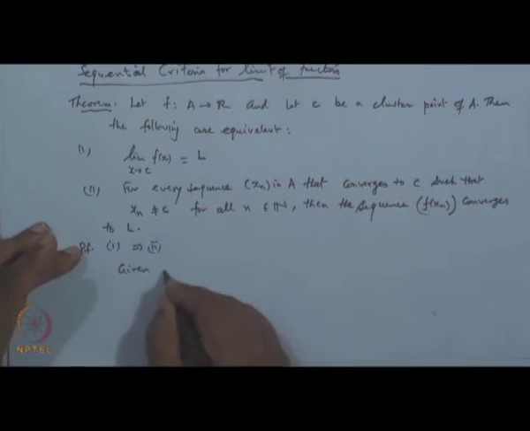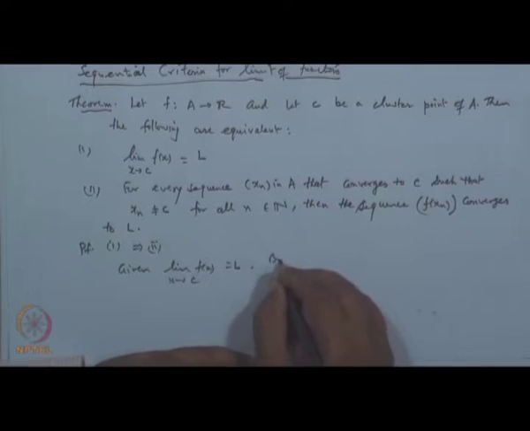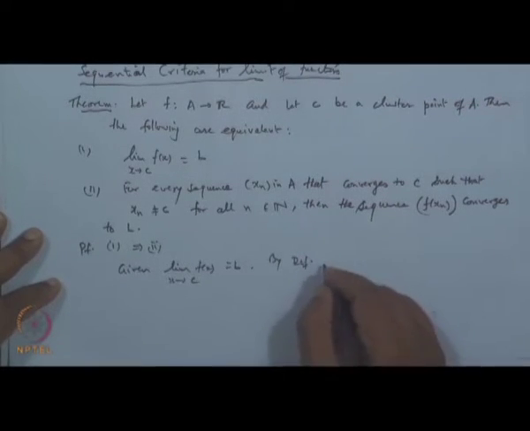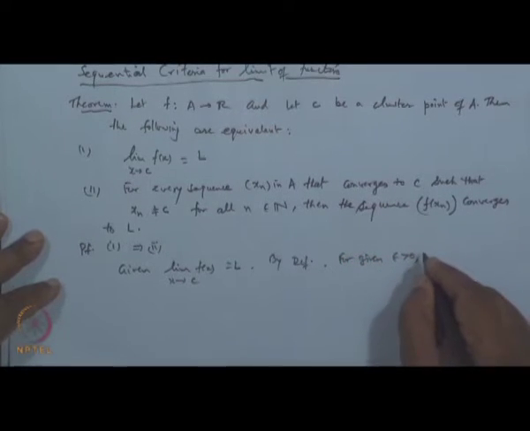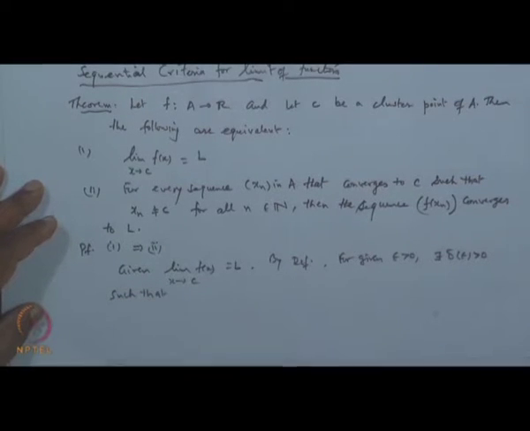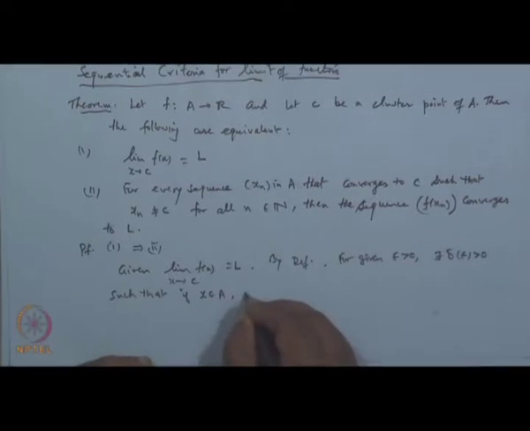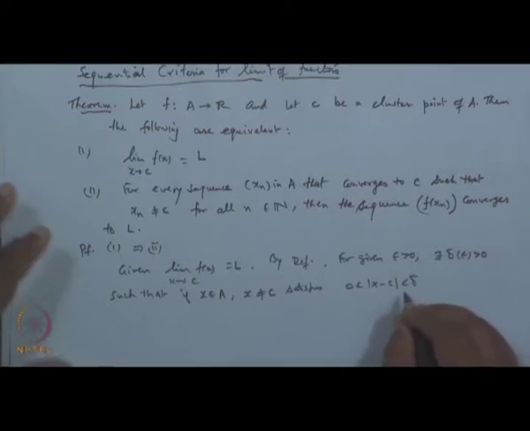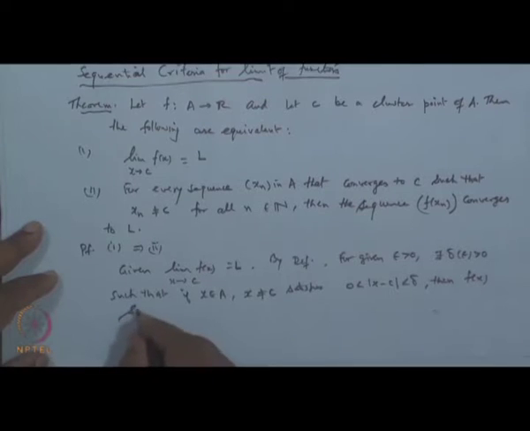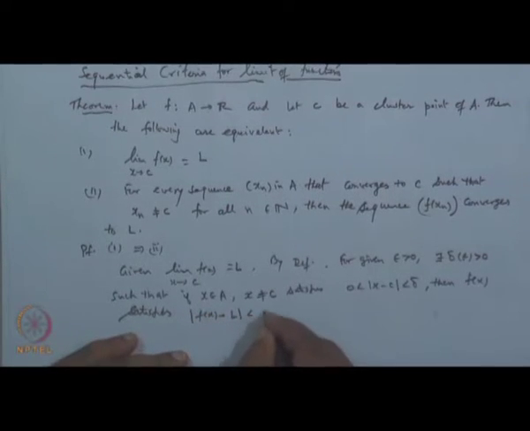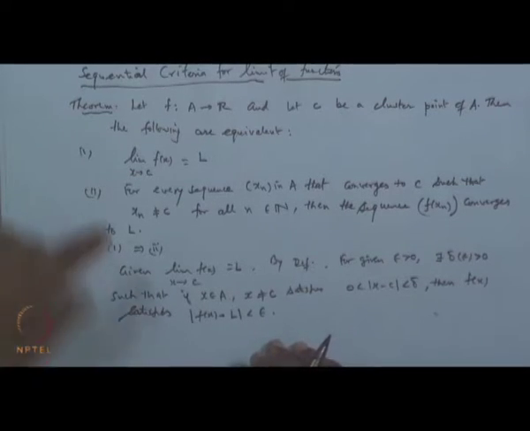Given the limit exists, the limit of f x when x tends to C is L. So, by definition, when the limit exists, for a given epsilon greater than 0, there exists a delta, which depends on epsilon, positive, such that for all x, if x belongs to A, x is not equal to C and satisfies the condition 0 less than mod x minus C less than delta, then f x satisfies the condition mod f x minus L is less than epsilon. Okay, this is given.